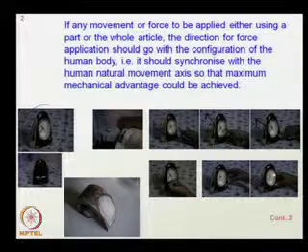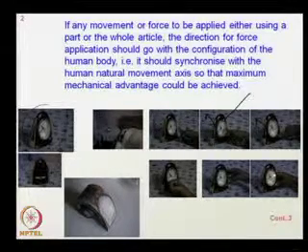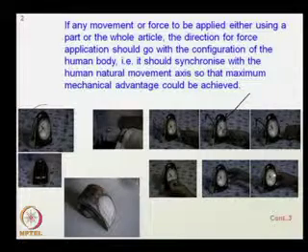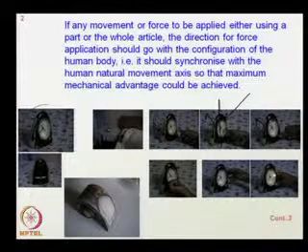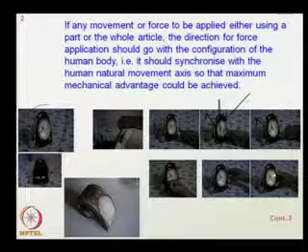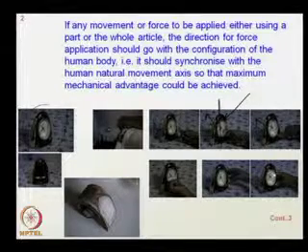So what happens? The force direction and the product position, shape and size do not match.